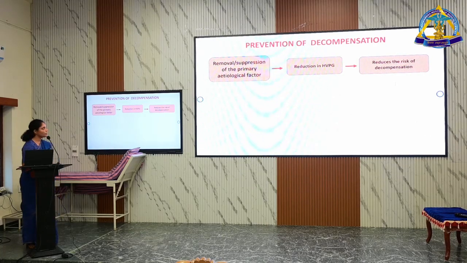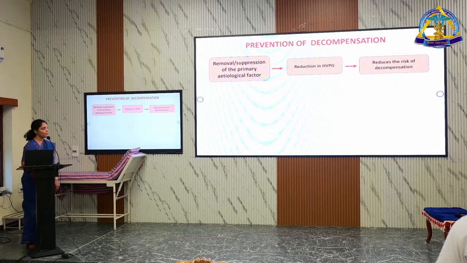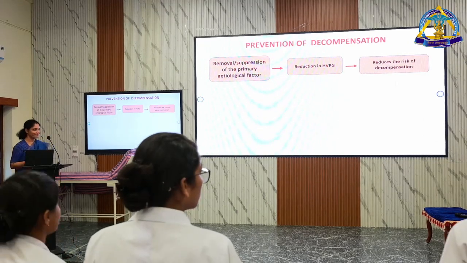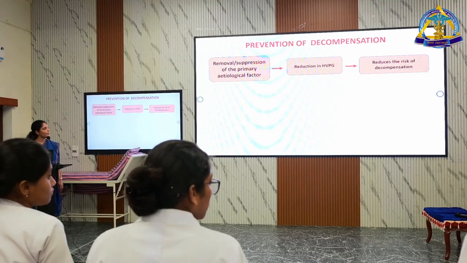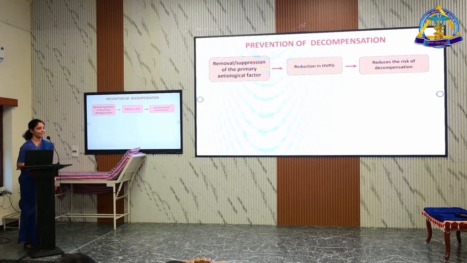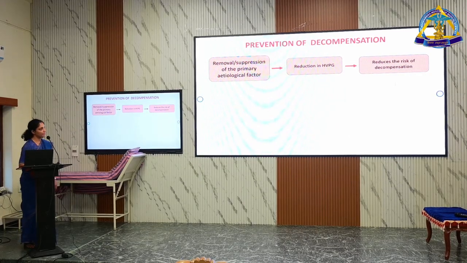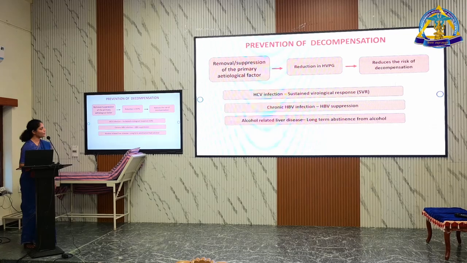Then, how can we prevent decompensation? We told about the different types of decompensations. The first and foremost, when the patient comes to you, try to remove or suppress the primary etiological factor. Reduction in the HVPG will definitely reduce the risk of decompensation.